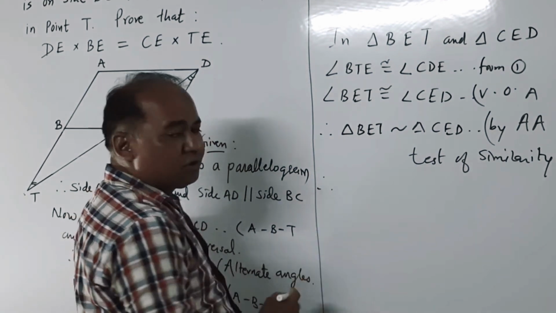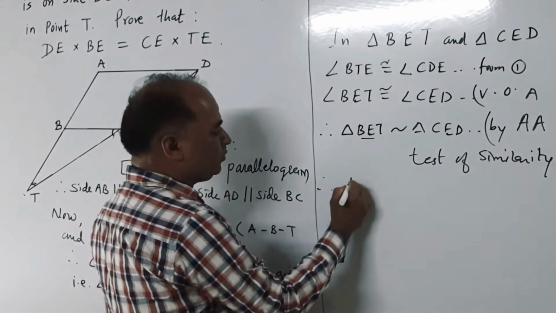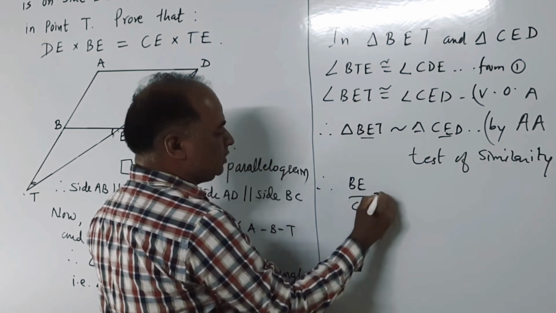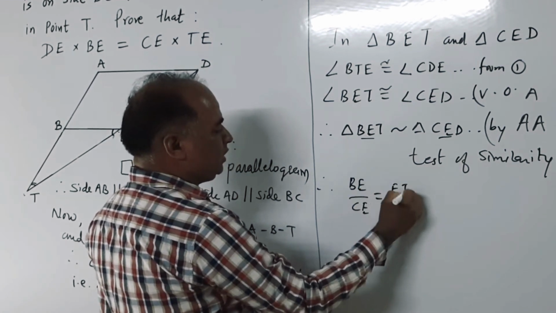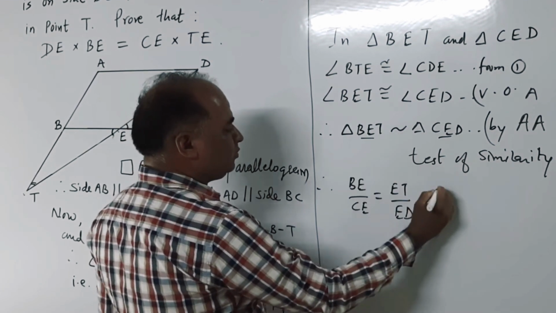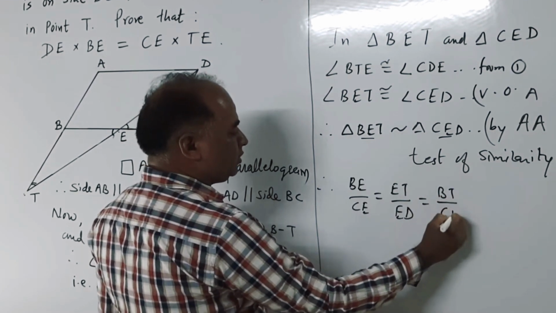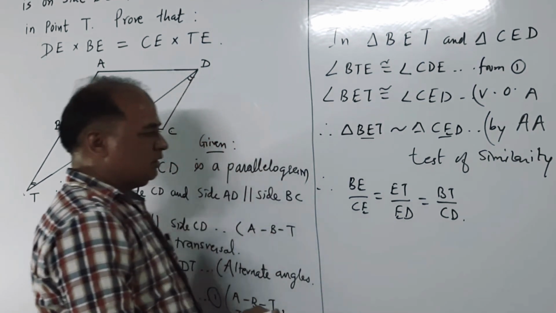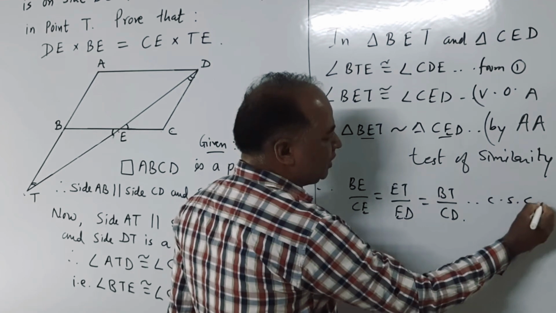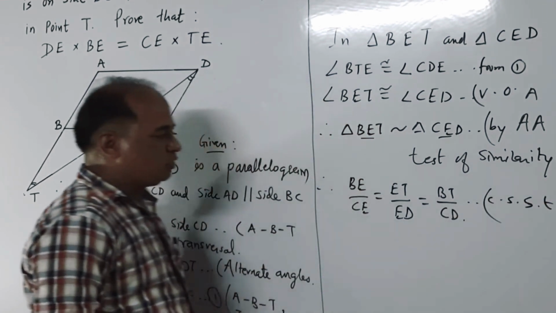Therefore corresponding sides are in proportion. Therefore BE upon CE is equal to ET upon ED is equal to BT upon CD. That is, corresponding sides of similar triangles are in proportion.